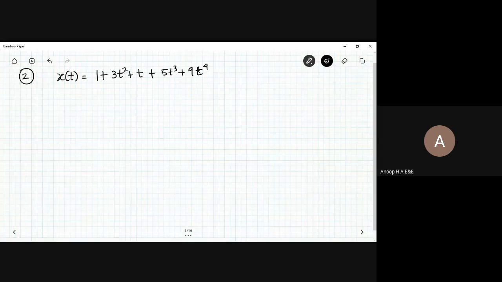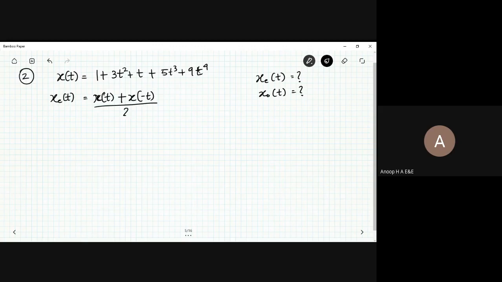So in the same manner, the odd component and the even component, x even of t and x odd of t, you are going to find out. So what is the value of it? You are going to compute the even component and the odd component of the signal. So the even component of the signal is x even of t, that is x of t plus x of minus t divided by 2.